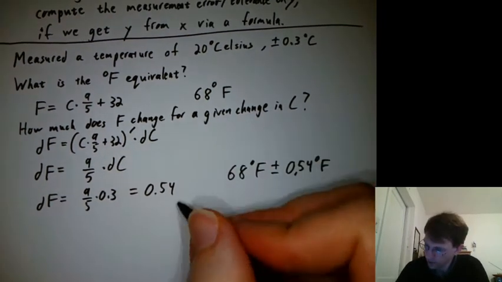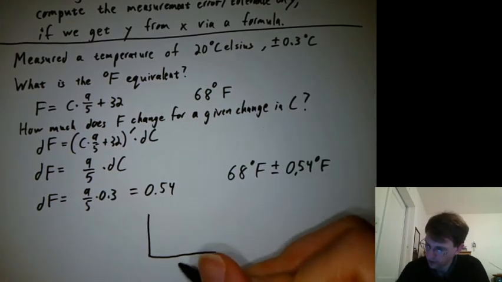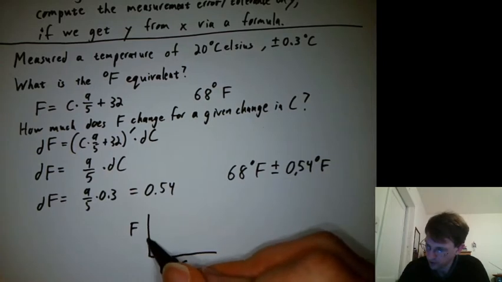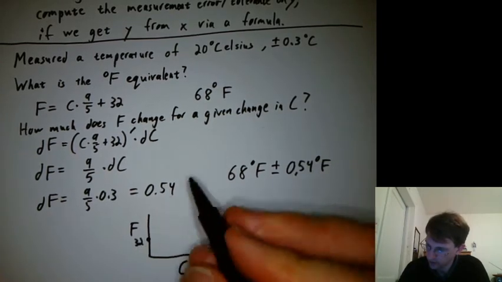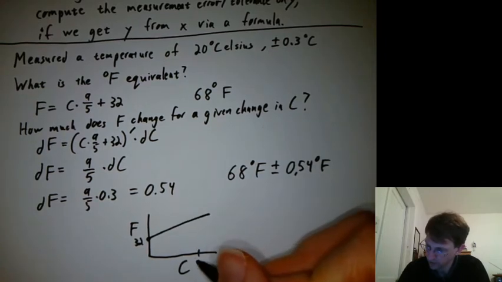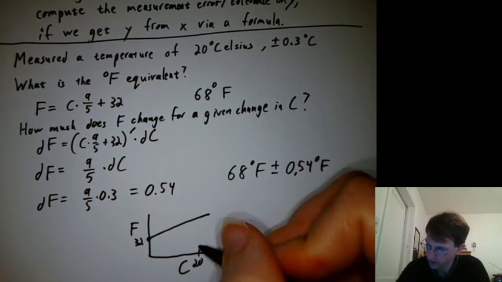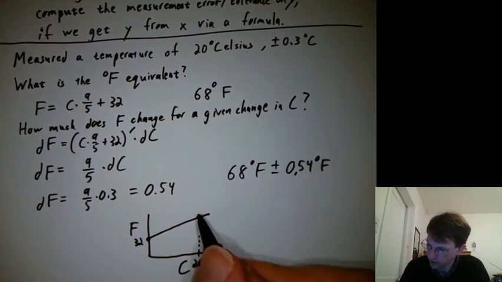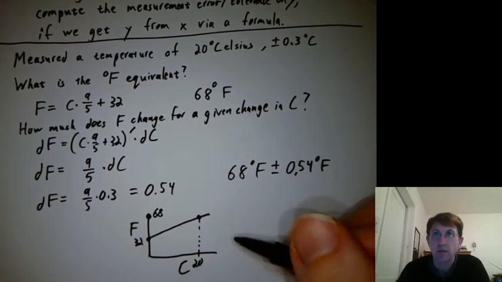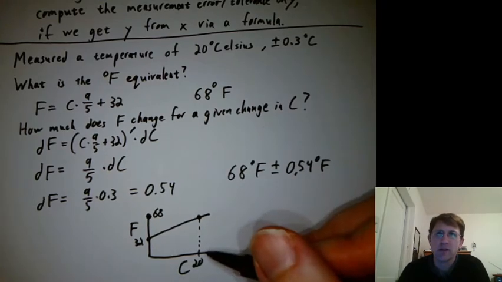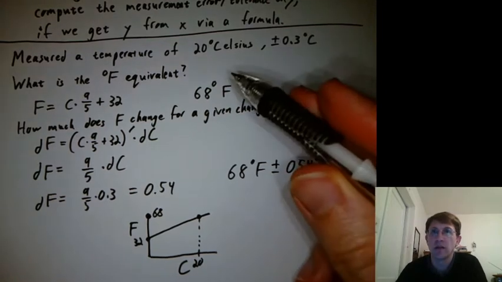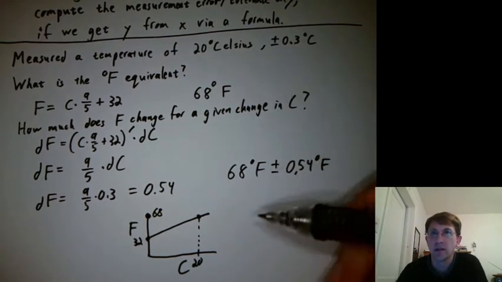So let's diagram really quick what was going on there. We had Celsius as an input, Fahrenheit as an output. It's a linear function starting at 32 with a slope like that. We were at 20, so we'd go up to the curve and over and get 68. But then we say, well, we aren't too sure about the 20. It really could be 20.3. It could be 19.7.